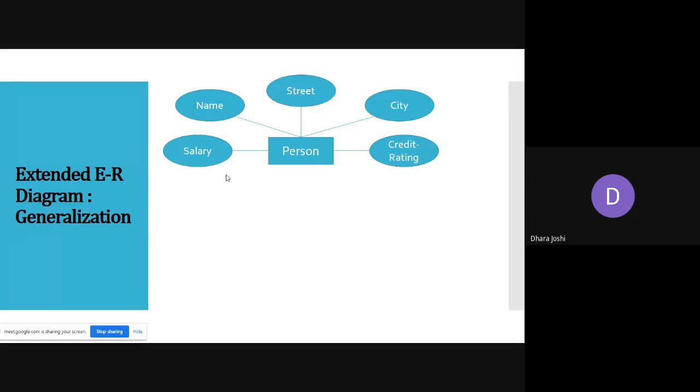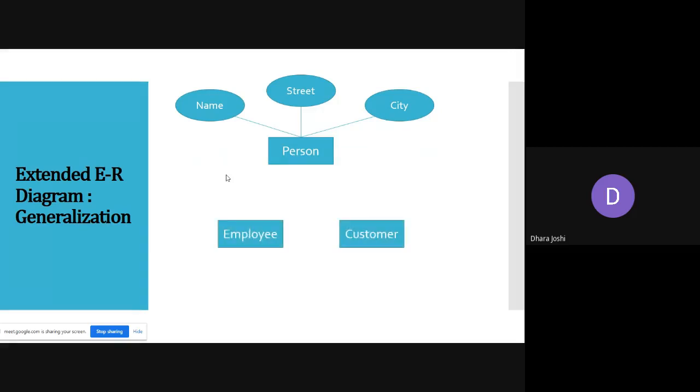Person can be anyone: person can be an employee, person can be a customer. If person is an employee, these three attributes are common: the employee also has name, street and city. And if we talk about a customer, the customer also has name, street and city.